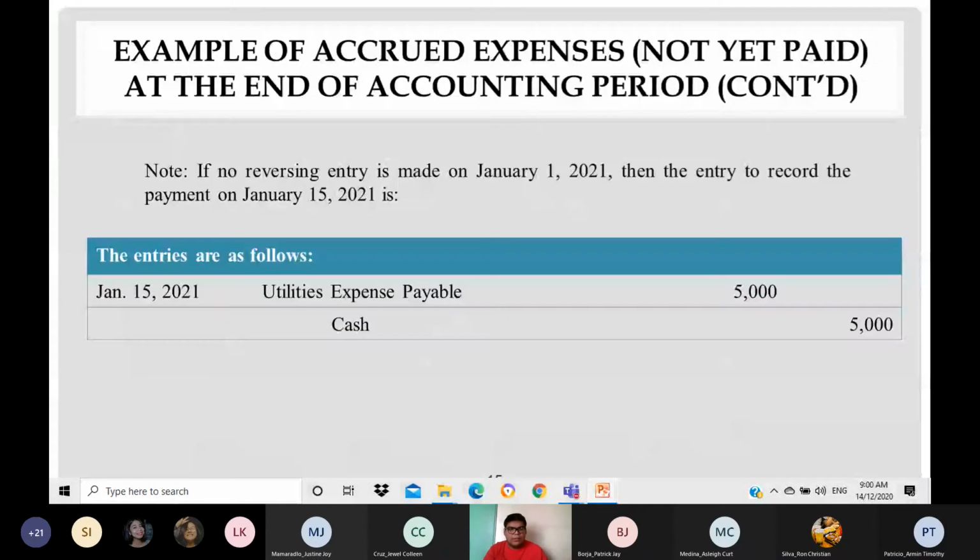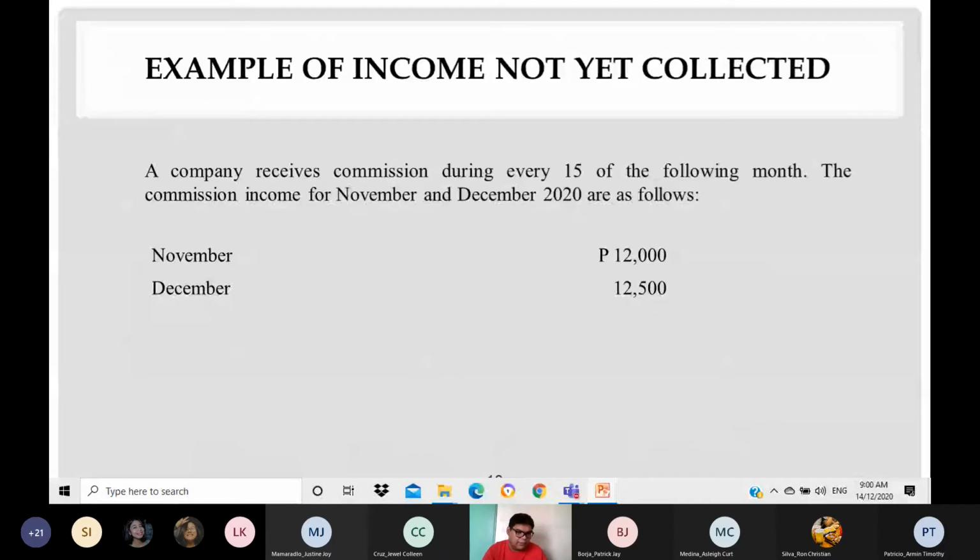So, ito naman, example of income not yet collected. So, in this scenario, the company receives commission during every 15 of the following month.